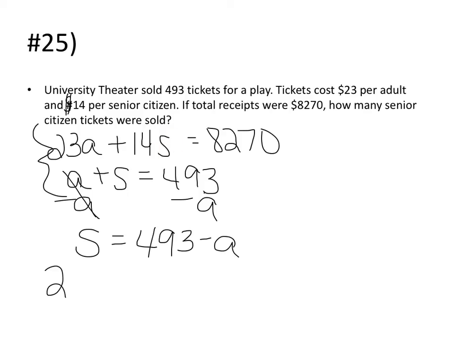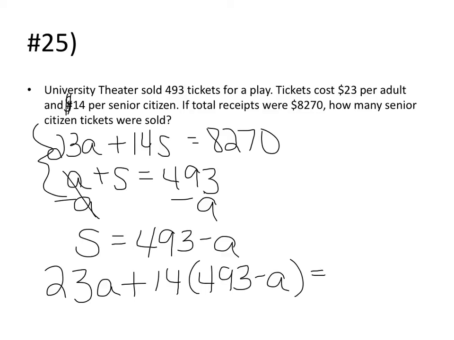So we have 23A plus 14 times 493 minus A is equal to, no, I was right the first time.